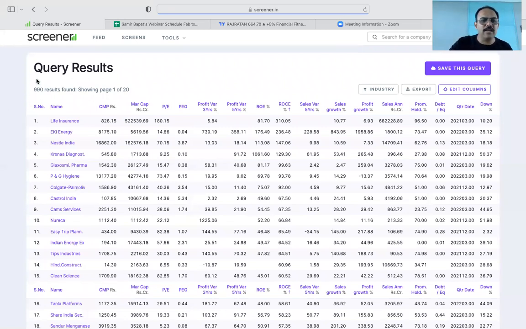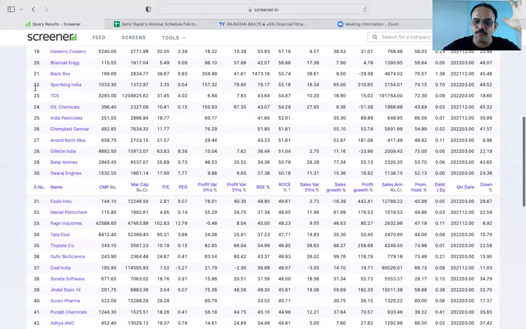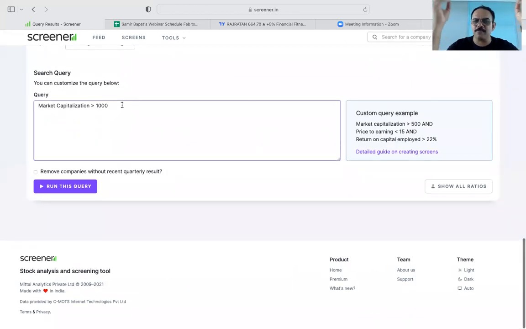Can you see now here on the left hand side where I'm moving my mouse, we are left with 990 companies only. Yes, can you see this 990 here? So out of 4,109, we just put one simple query, any company which is greater than 1,000 crore, so this will include small cap also. So don't think small cap is gone, mid cap is gone, only large cap is there. No, 1,000 crore is the starting point for decent small cap companies.